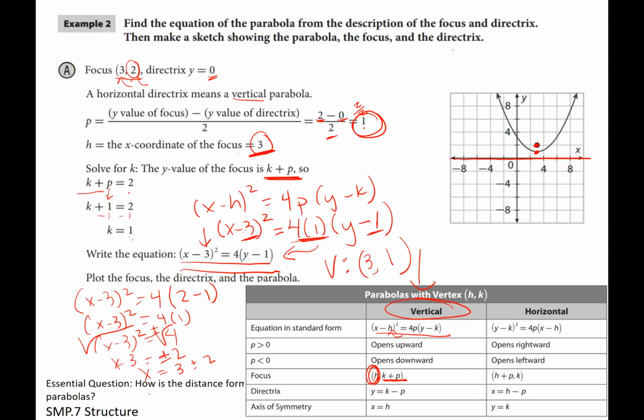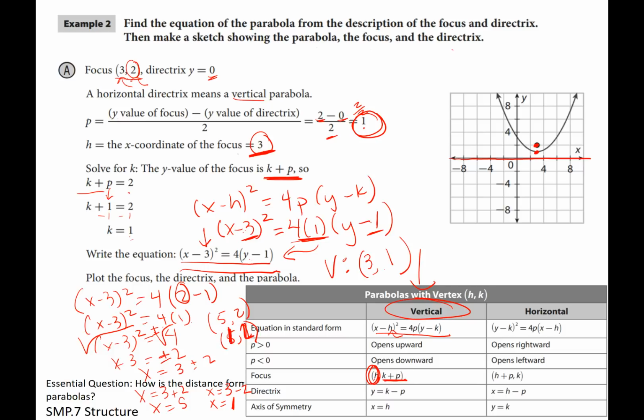We have to get those actual points. So we're going to do x equals 3 plus 2, and x equals 3 minus 2. So 3 plus 2 is 5, and 3 minus 2 is 1. So those are our x values of the points. Our actual points, remember, we put this y value of 2 in. So I have a point at (5, 2), and a point at, I'm sorry, not (5, 1), (1, 2).